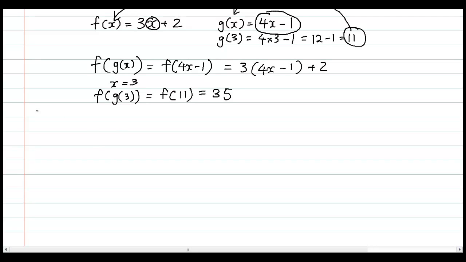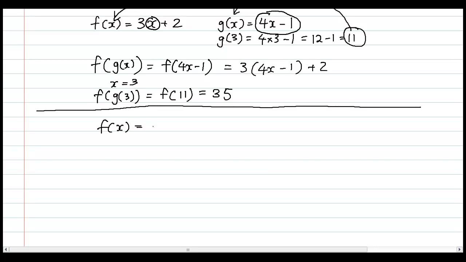Okay, so let's try this with another example so that you guys are familiar with the concept. Let's define two separate functions. f of x is equal to x squared minus 3, and let's say g of x is equal to 2x minus 1. Okay, so what is f of g of 2?